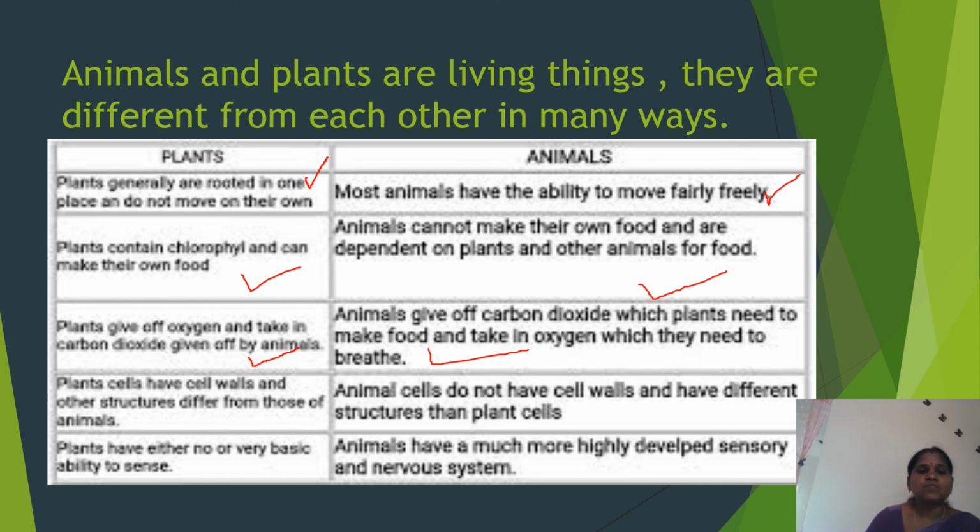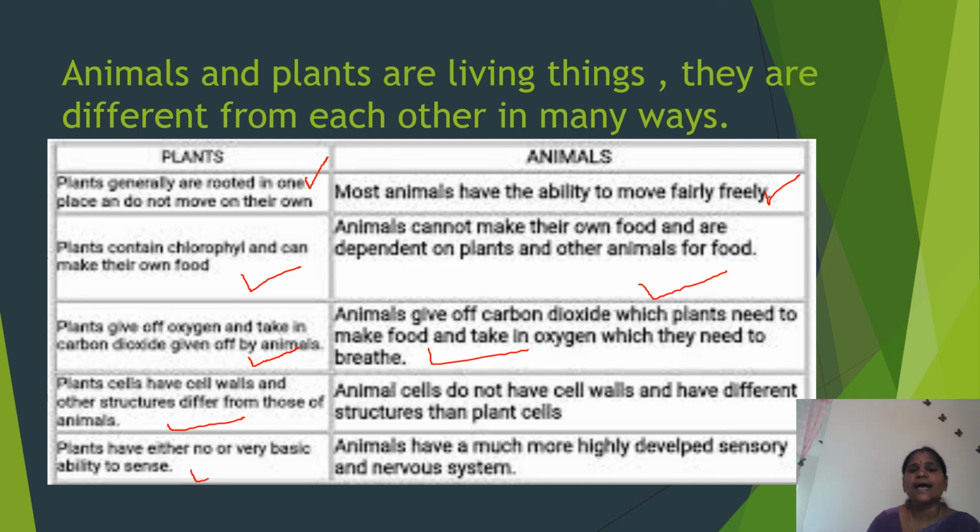Next. Plant cells have cell walls and other structures different from animal cells. The cells of animals and plants are different: plant cells have a cell wall and animal cells do not. In the next classes we can observe the clear structure of the cell wall. Plants have little or no basic ability to sense.